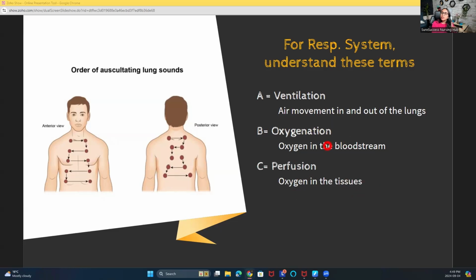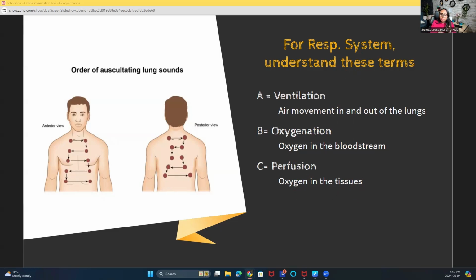So these three terms are not the same, students. When I say perfusion, I am telling you how the oxygen is going to the organ. For example, whenever there is a respiratory issue, we check the mental status of the person. Why are we checking the mental status? Is the oxygen going to Alveen's brain? What I'm checking is perfusion.